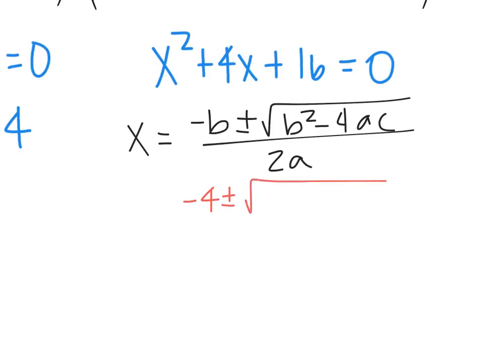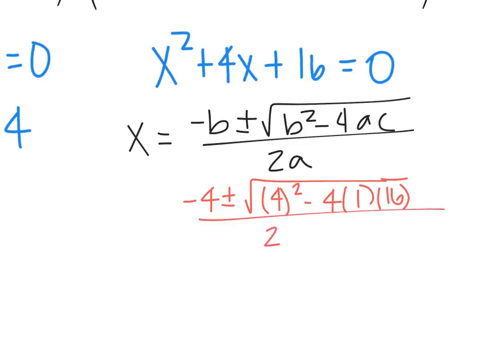What's b in this problem? 4. So 4 squared. There we go. 4 squared minus 4 times a times c. Yep. All over 2 times 1.